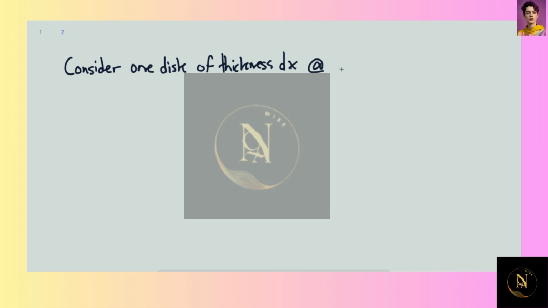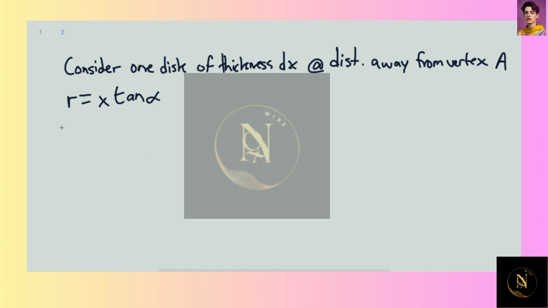And then we'll say at a distance x away from vertex A, r is going to be equal to x tan of alpha. So this is where it gets a bit complicated in the sense that we need to find the volume of this piece.